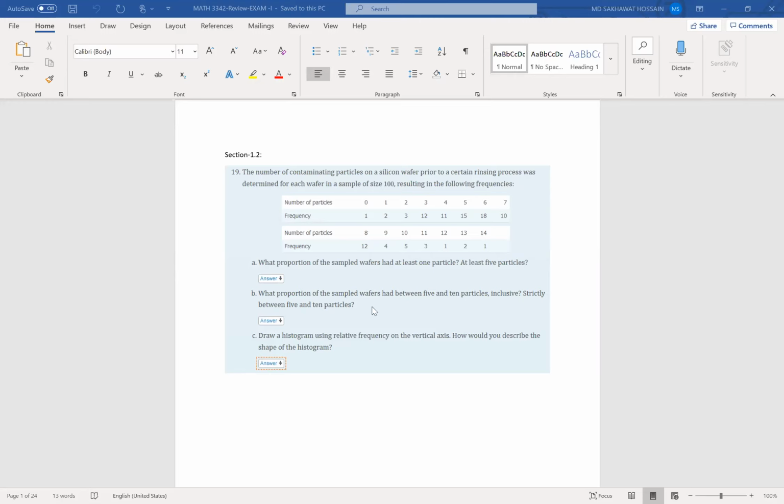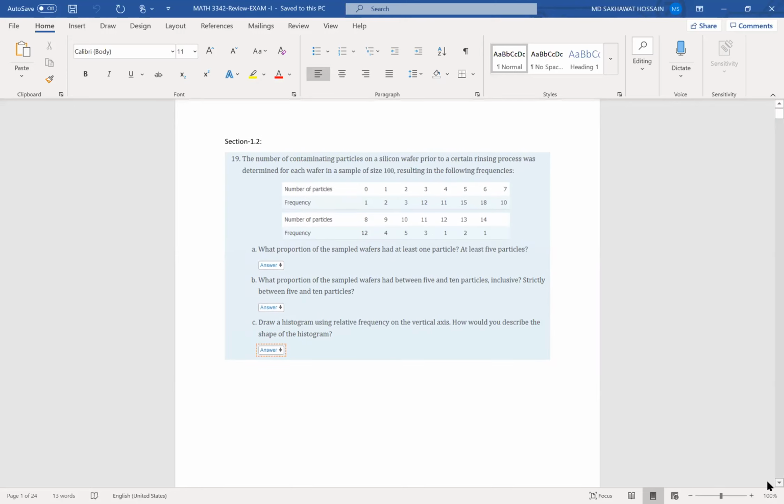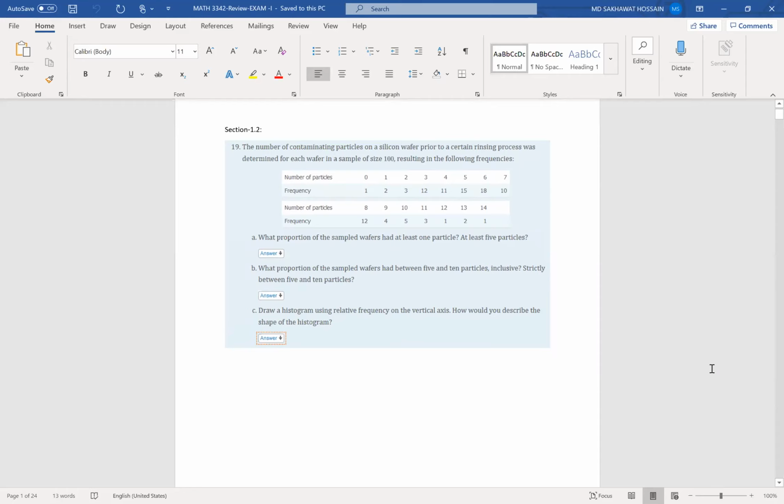The first question is, what proportion of the sampled wafers had at least one particle? At least one means it can have one and more than one particles, so from 1 to 14. So we have to find the proportion for the number of particles from 1 to 14.